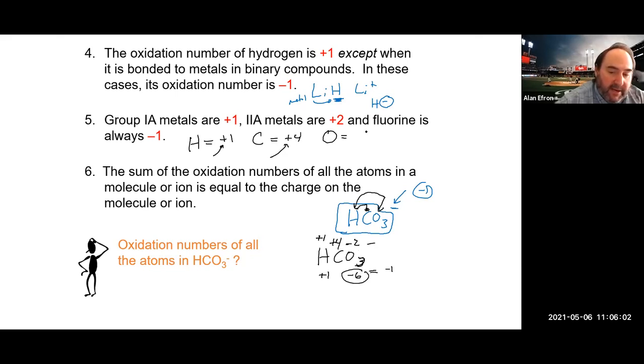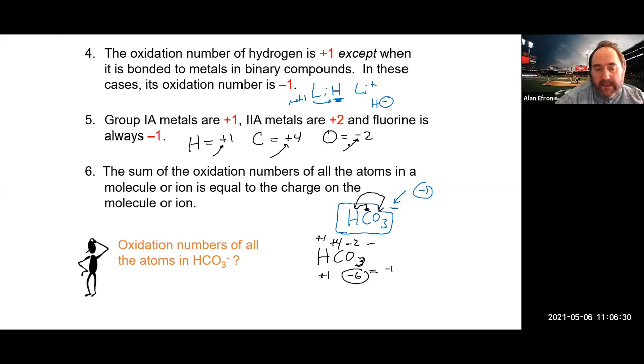It would just be -2, again including the charge. So you always want to include the charges, even if it's positive, on oxidation numbers. And you want to give it for one individual element by itself, not the grand total. So again, oxygen here would be -2, not the grand total of -6. Any questions on that?